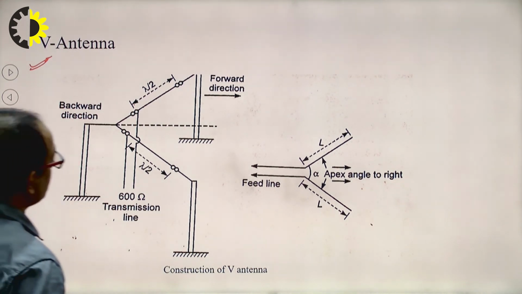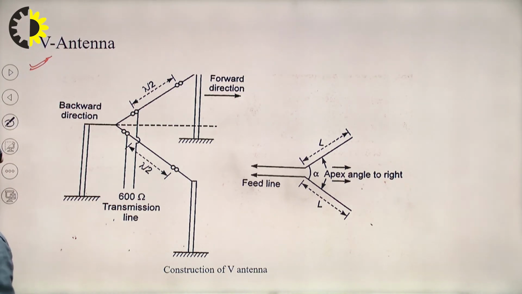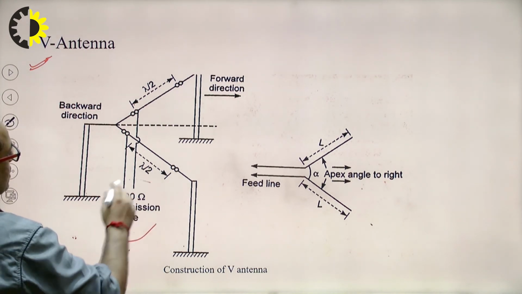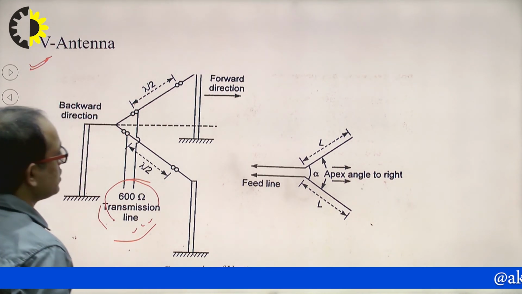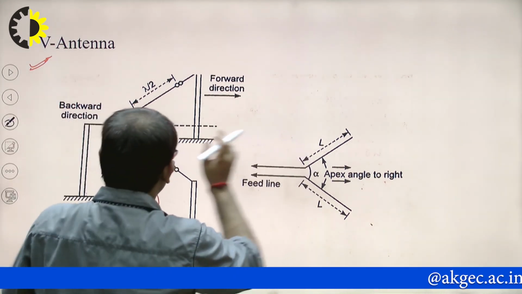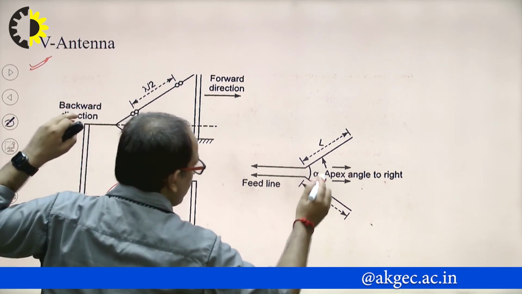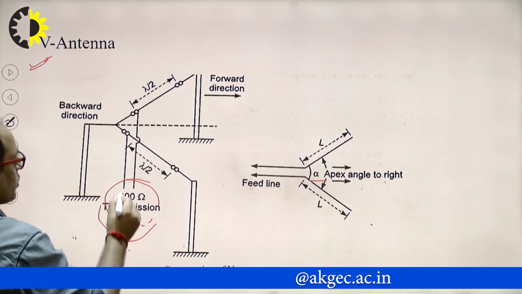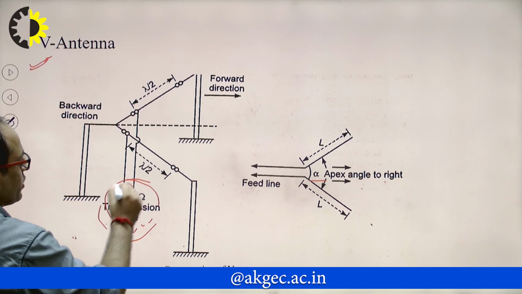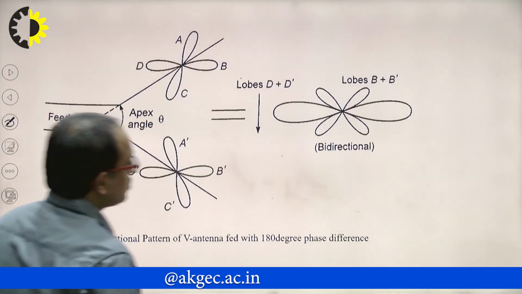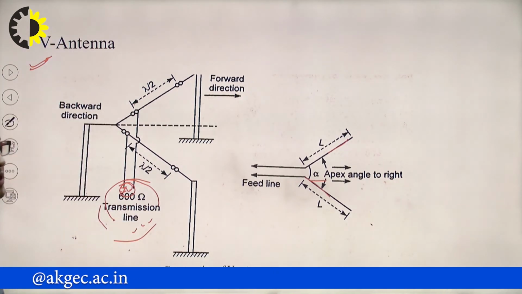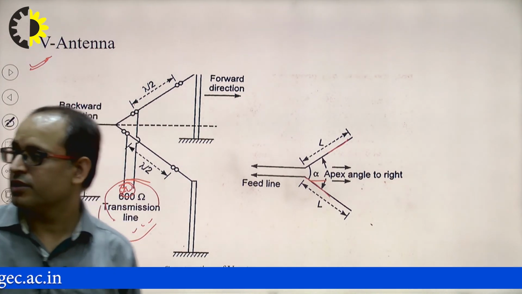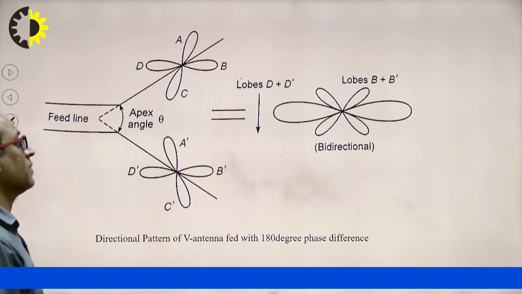There may be, there may not be. Clear? And this is the source impedance. Clear? So the angle between these two elements is alpha, and this is the input line. From here we provide the excitation. Clear? So the angle between these two dipoles will determine the radiation pattern of the antenna. Clear?